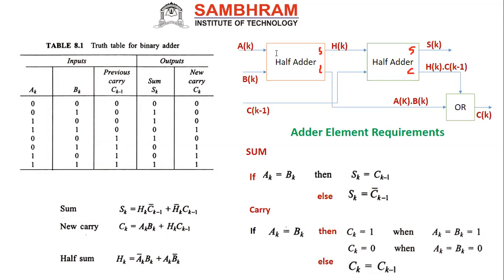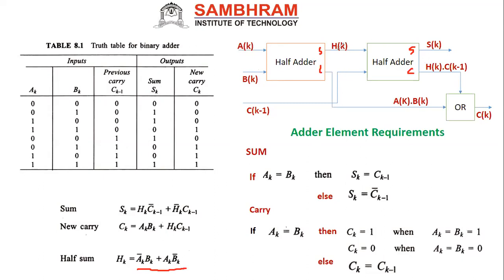So H of k is equal to A XOR B, that is A bar B plus A B bar, that is Ak bar Bk plus Ak Bk bar. That is your Hk. Next, the carry is an AND gate, that is Ak dot Bk.